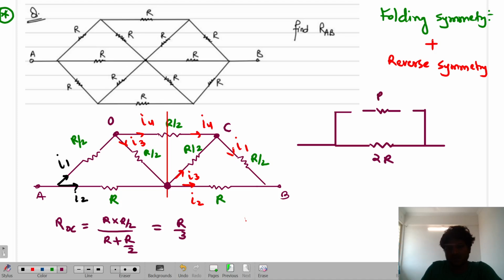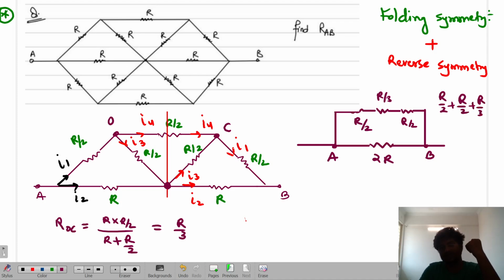So this is R by 3, and this is also R by 2, R by 2, this is point A, this is point B. How much is this? R by 2 plus R by 2 plus R by 3, so it will be 4R by 3, isn't it? Take the LCM directly.